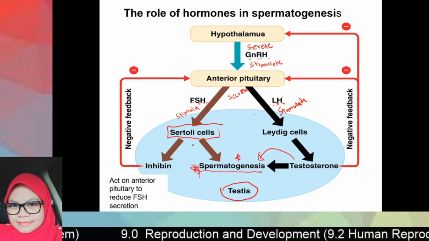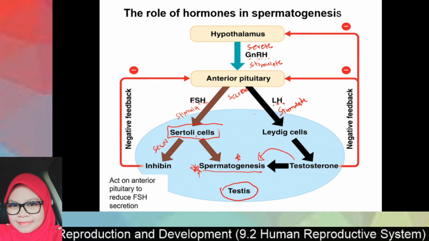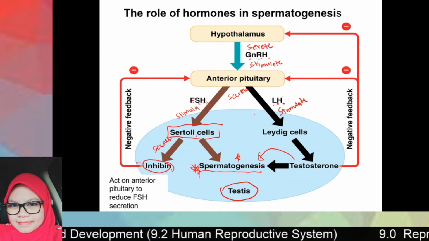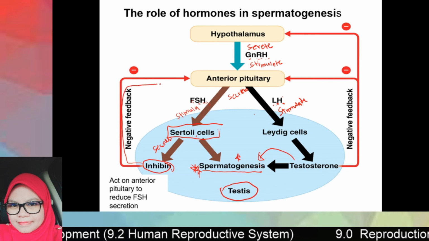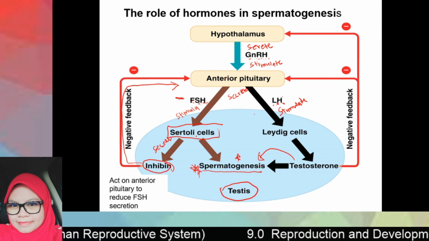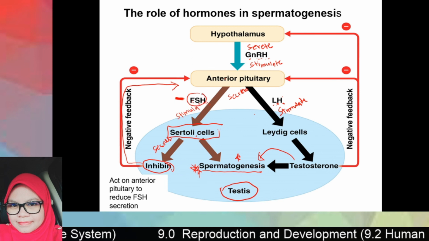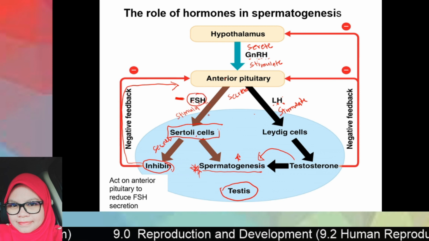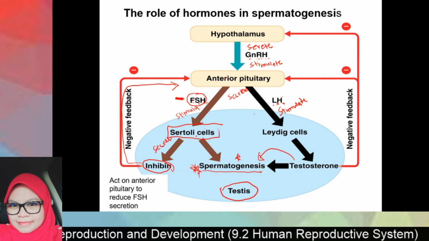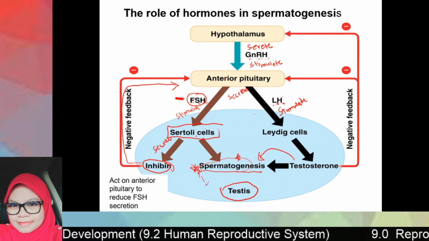The first way is the Sertoli cell will secrete inhibin. This hormone will send negative feedback to the anterior pituitary gland. So the anterior pituitary gland will reduce the secretion of FSH. Then automatically the Sertoli cell is less stimulated, so the spermatogenesis rate reduces.